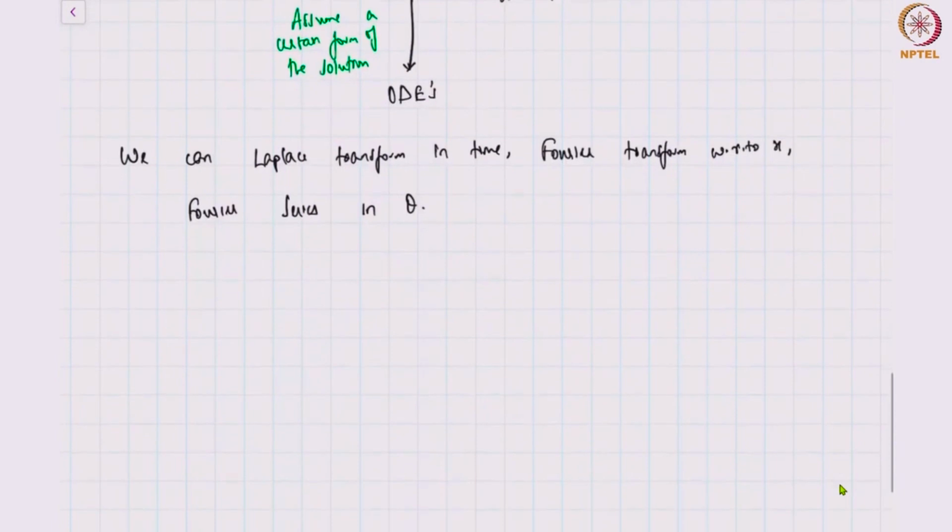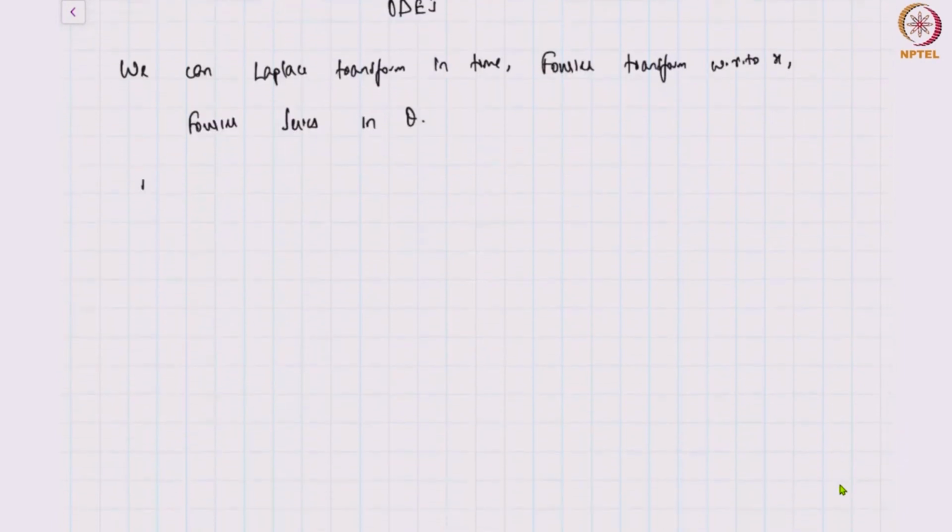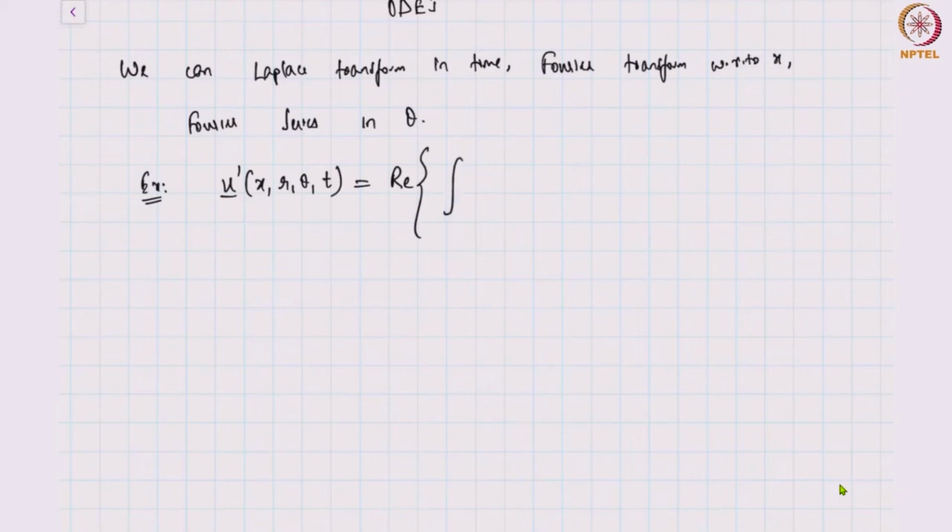Mathematically, how do I write this? For example, if I were to write it for velocity, my perturbation velocity, that's what I'm writing down here. This is a function of x, r, theta and time. X is along the axis, r is the radial coordinate, theta is the azimuthal coordinate. Remember the velocity is a real field, so I'll write it as real. Fourier transform in x. Let me write down the general form here first, and then we'll look at it a bit more carefully.